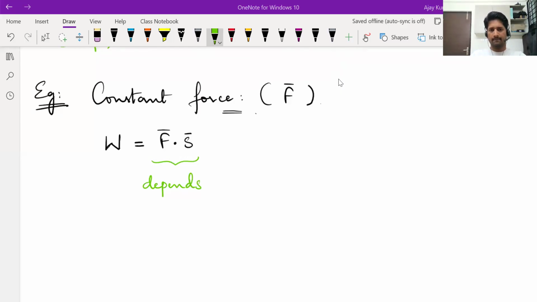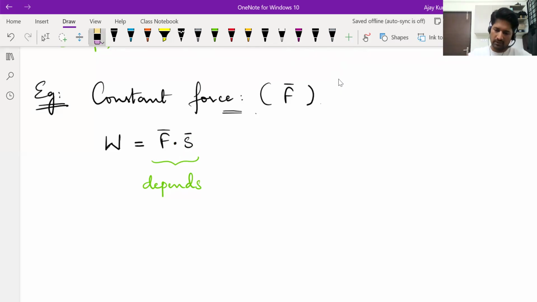It depends on initial and final position. Okay, the formula itself is telling you that it depends on the overall displacement. The force is not variable, no. So force does not depend on where the object is going. Force is fixed. Displacement only depends on initial final position. So the work also depends only on initial and final positions.